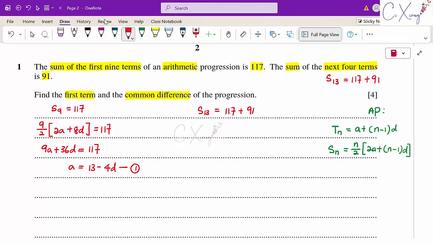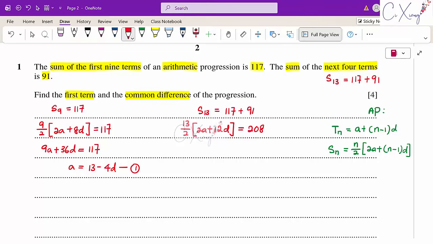To get a value for a and d, I need the second equation, and I need to solve them simultaneously. That's the reason why in this question they give us the second piece of information. So I have S13 equals 117 plus 91. Again, I will substitute in the formula for S13: n divided by 2, then 2a plus (n minus 1), which is 13 minus 1, a 12, then d, equals 117 plus 91, which gives 208.